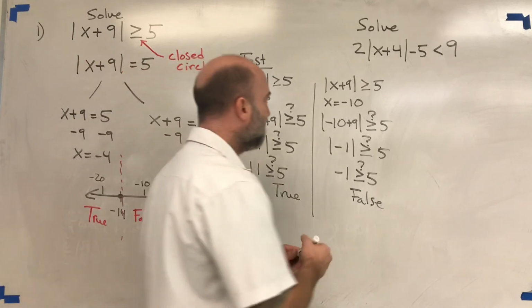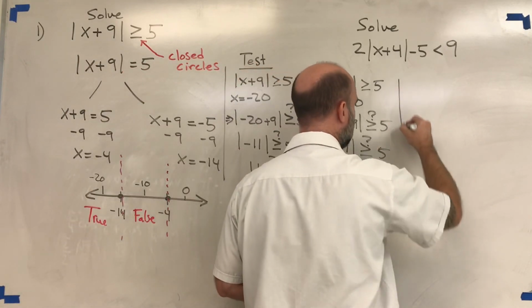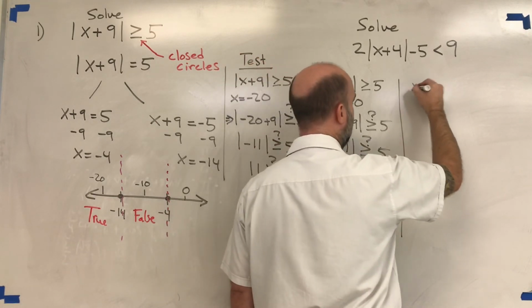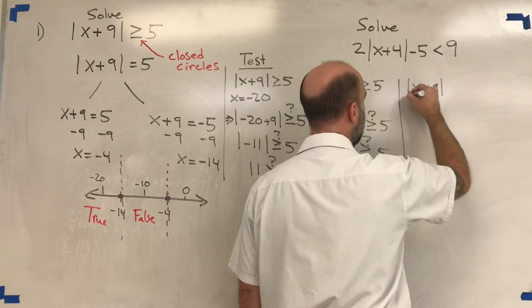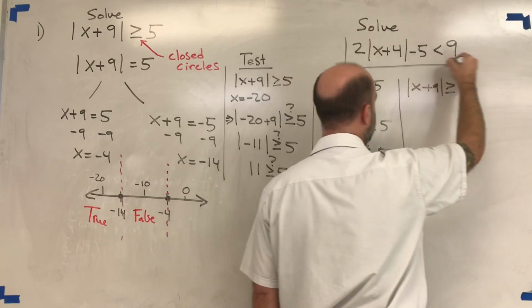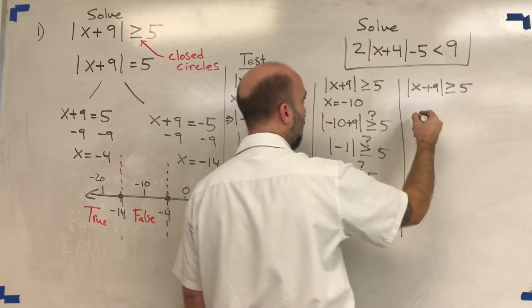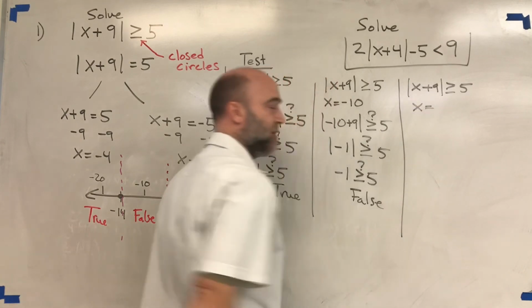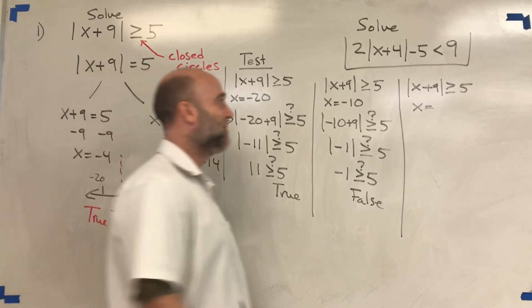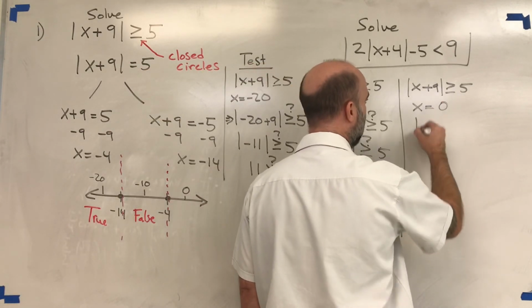And the last one, I am testing on my absolute value of x plus 9 greater than or equal to 5. So make sure we're not messing with that problem. And I'm testing x equals, what's the favorite number to test? 0. Plug that in.